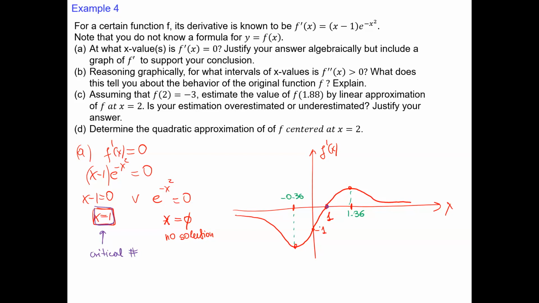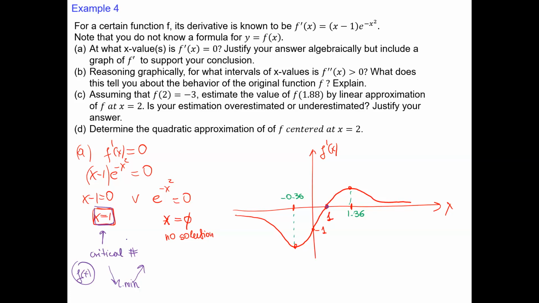And so we may notice on the left hand side the graph of the derivative is negative, below the x-axis. That means the original function is decreasing, and then on the right hand side it is above the x-axis. That means it's positive, it's increasing. Then at 1 we will have a local minimum, but I don't know if we need this, just in case. For the original function, yes, the function attains a local minimum at 1. Okay, we have part A.